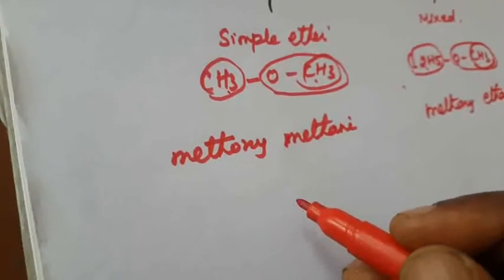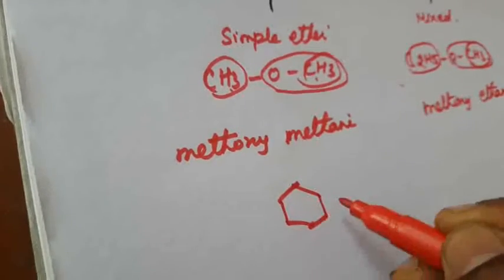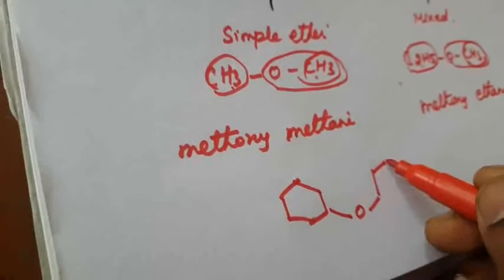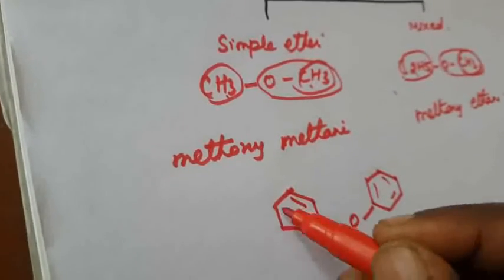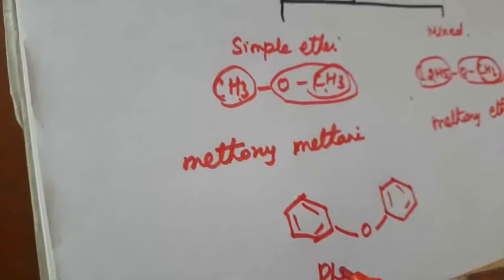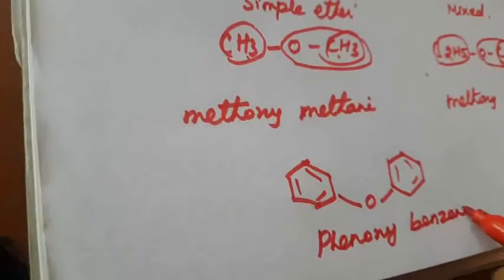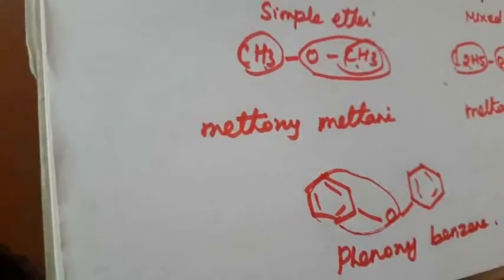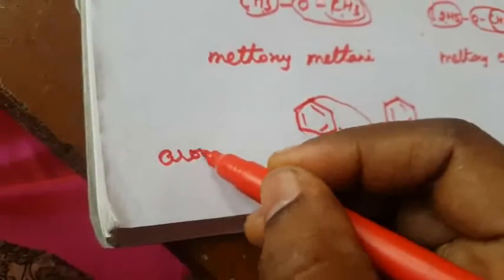Okay, so again aromatic ethers. First one is a benzene ring, again linked with the oxygen. What is this compound name? Phenoxybenzene. That is phenoxy, again benzene. So the oxygen, this is called an aromatic ether.